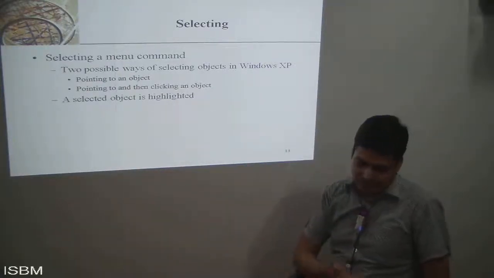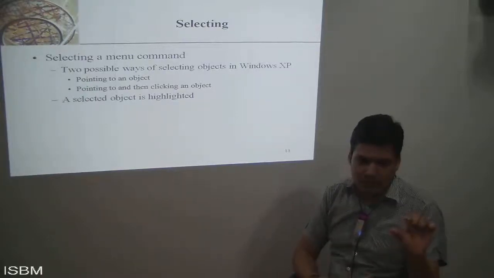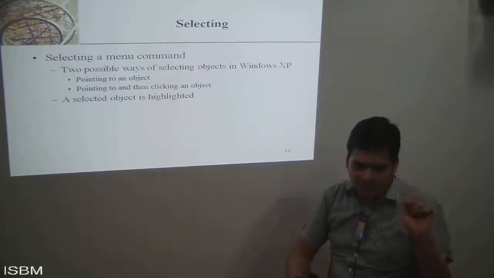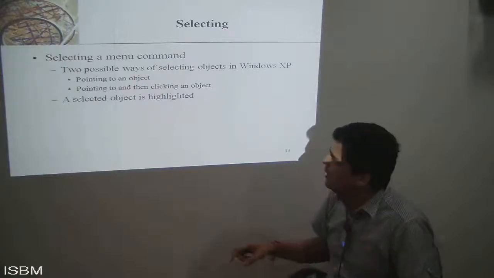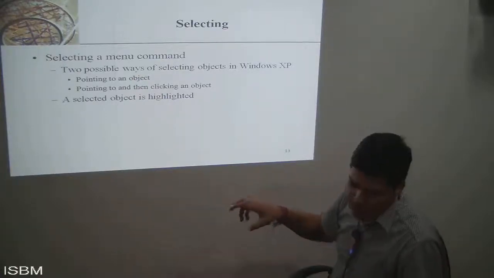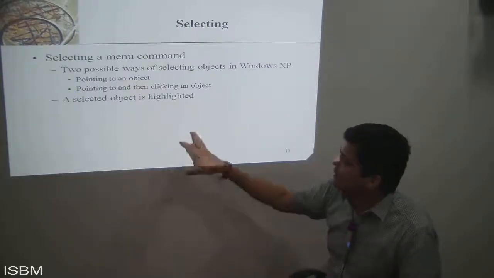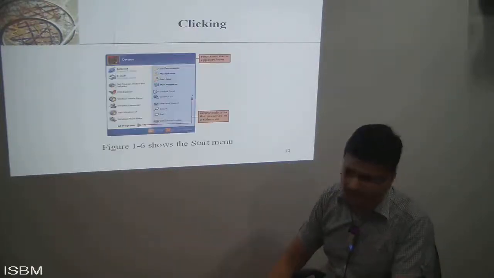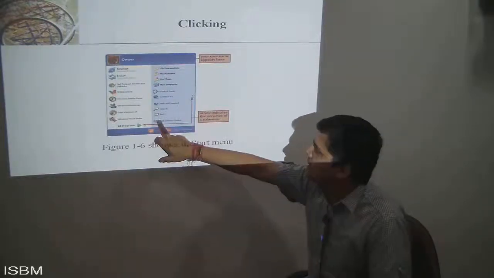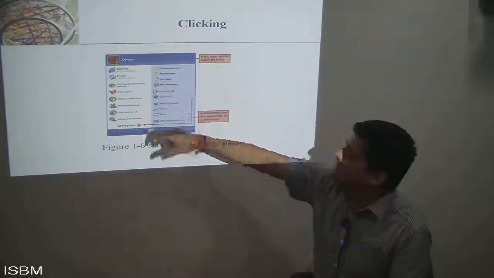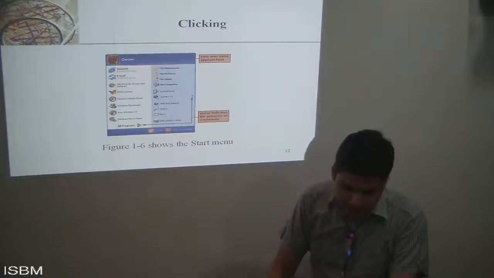See, there are two options. Either you can point, you have opened the menu and you point on that object, or another thing, you can directly go to the object and directly click on that. The selected object is highlighted over here. See, there is a lot of objects. You can go directly to my computer, double click on that, and it will open my computer.